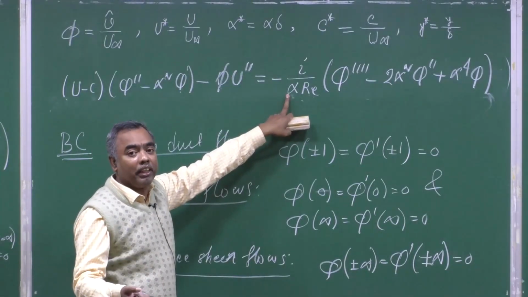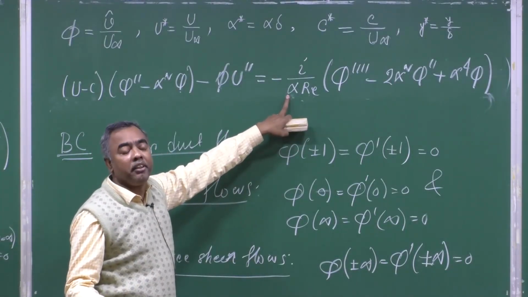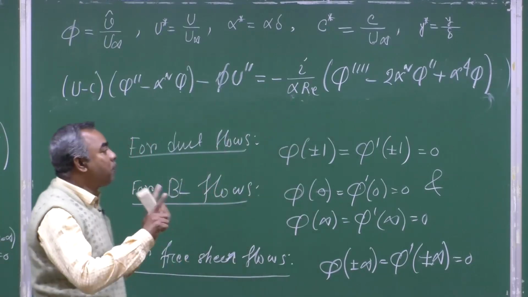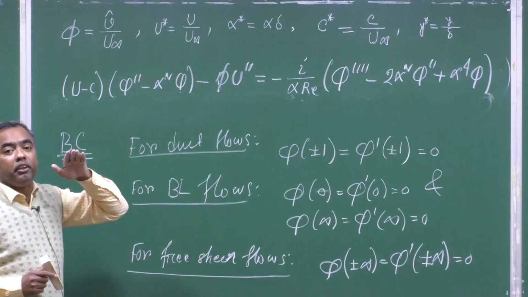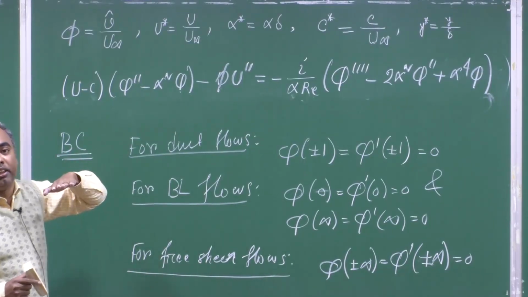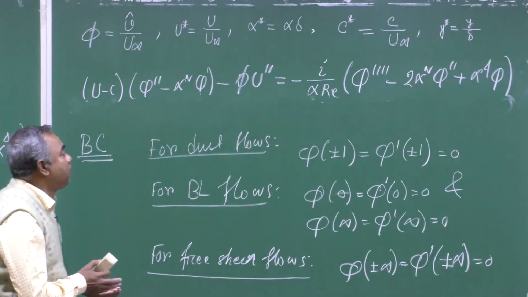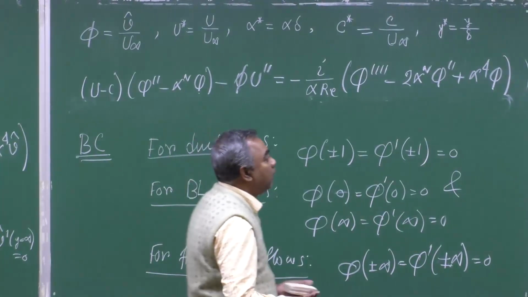So, in that particular case your alpha will be in complex domain. So, these two particular approaches are known as, one is temporal growth, another is spatial growth. Okay. So, let me just come to that particular idea.